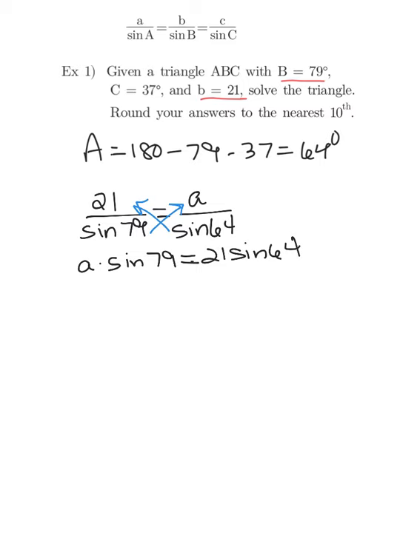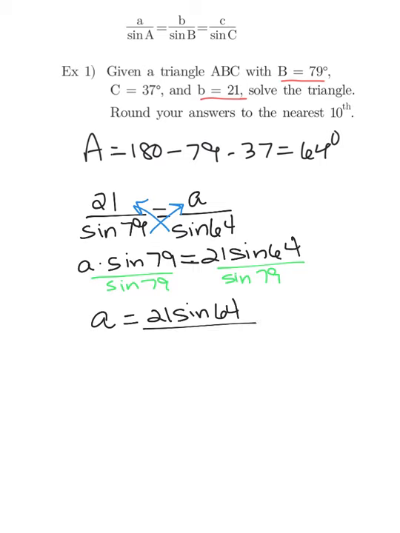We need to solve this for A. So in order to do that, we're going to divide both sides by the sine of 79. So A equals 21 times the sine of 64 over the sine of 79. If you do that on your calculator, remember to round to the tenth, you should get 19.2.